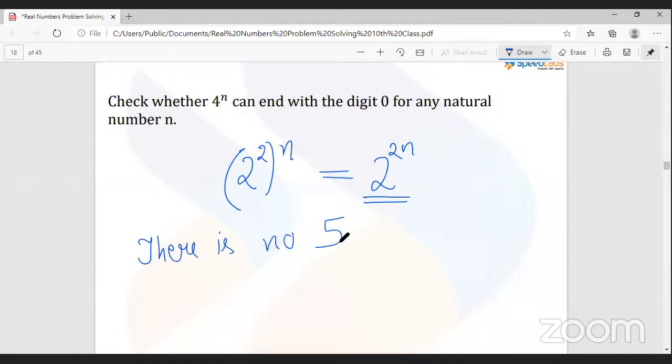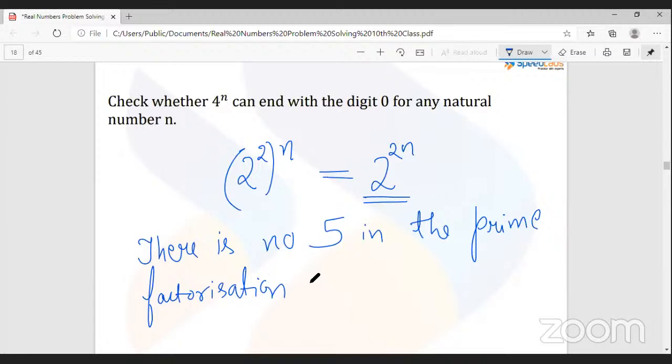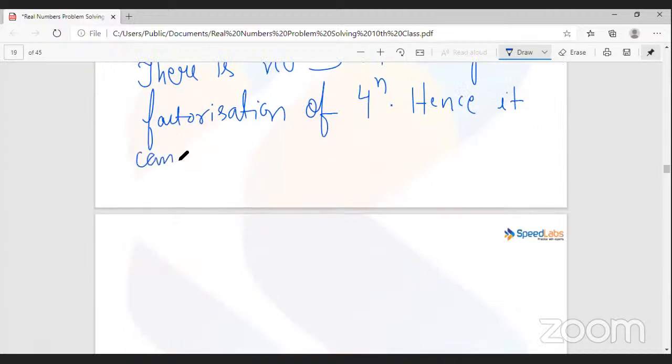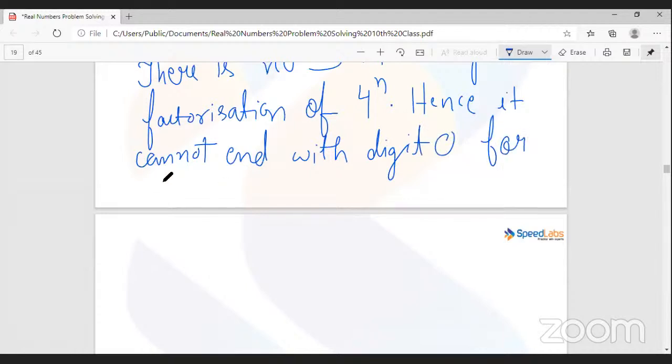There is no 5 in the prime factorization of the number 4 raised to the power n. Hence, it cannot end with digit 0 for any natural number.